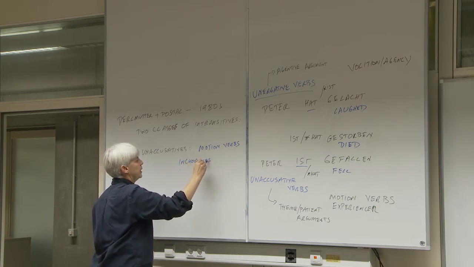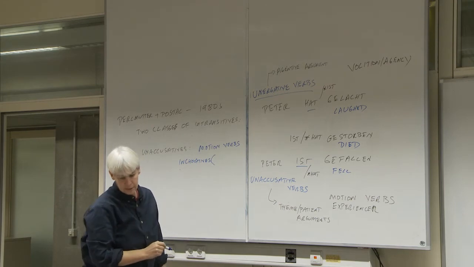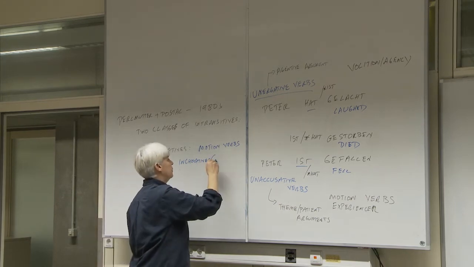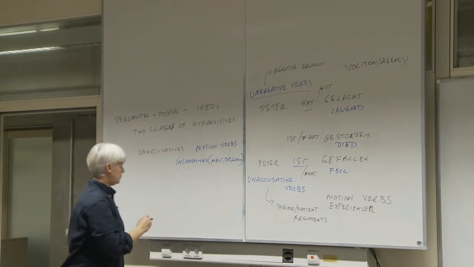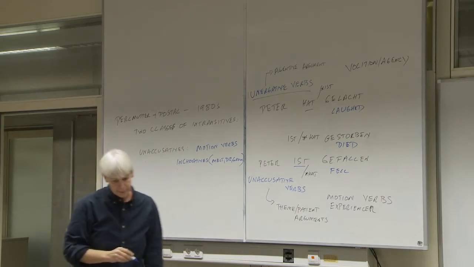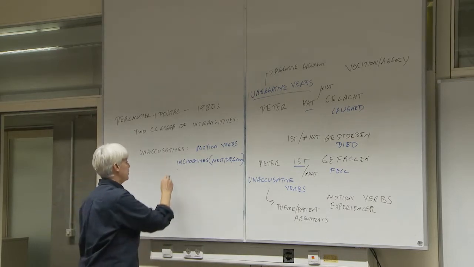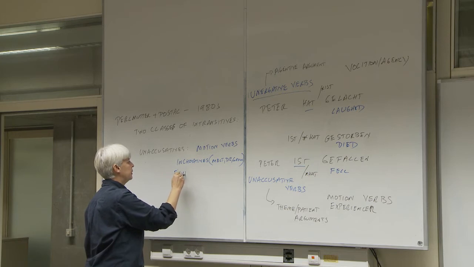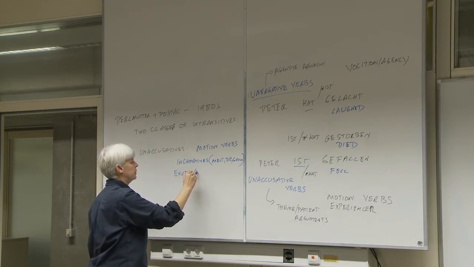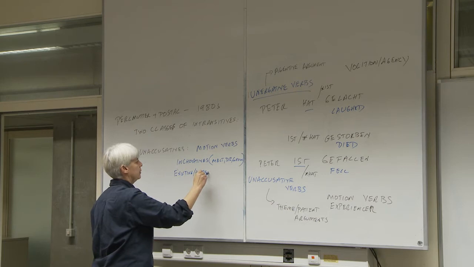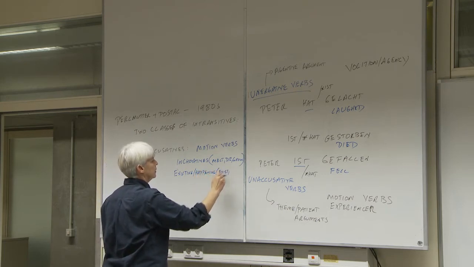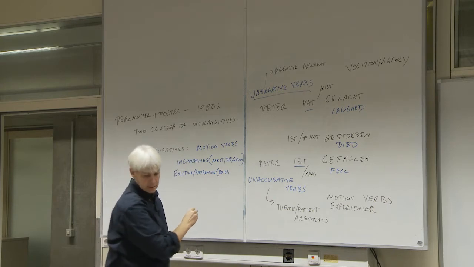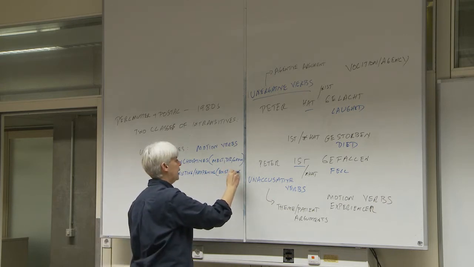These are verbs like melt, die, grow. Existing and happening, so things like exist, arise, happen.